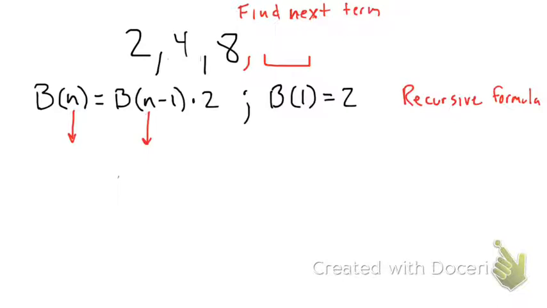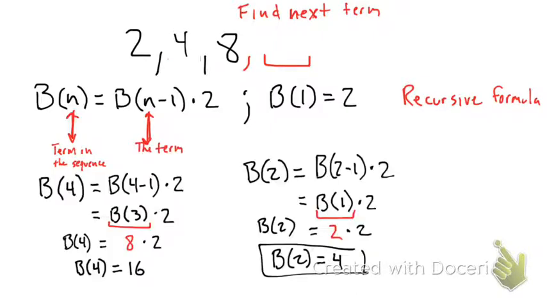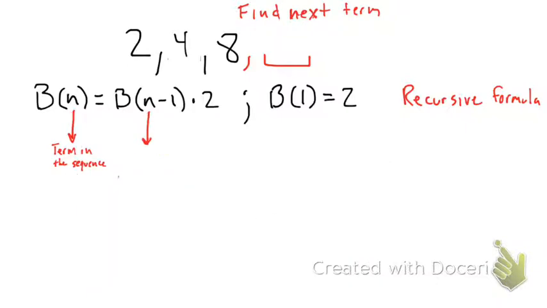It stands for the term in the sequence. When you see this sequence formula, that letter N, or the input variable, just stands for the term in the sequence. Let me explain what that means.